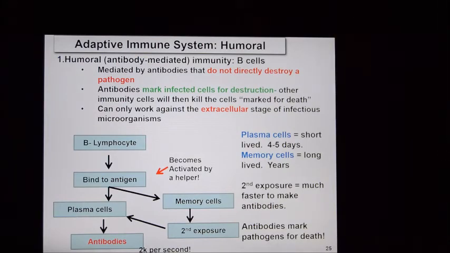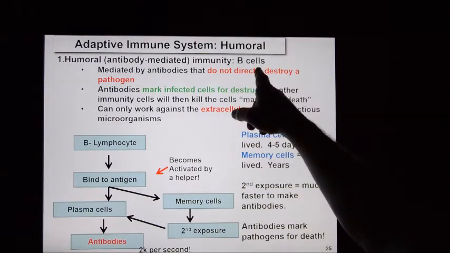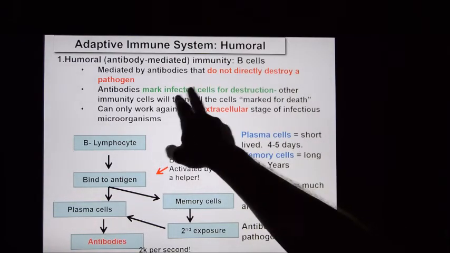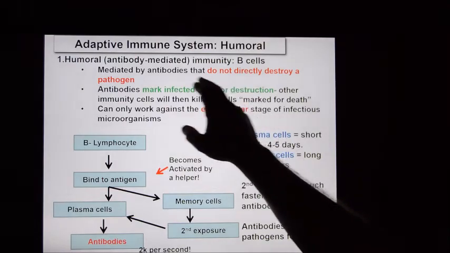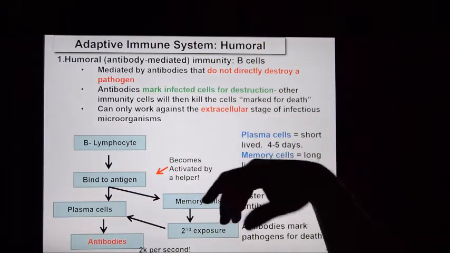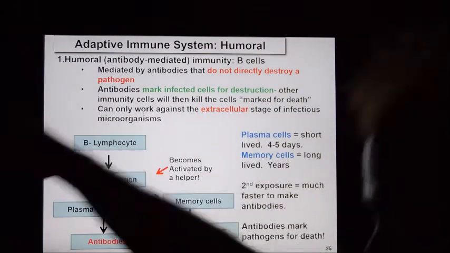Perfect. So how does it work? It's hard to pick whether to start here or there. So I'll start here, and then we'll probably bounce back and forth a few times just to make sure we're on the same page. B cells do not destroy pathogens. What B cells do is they mark cells for death by releasing what are called antibodies.